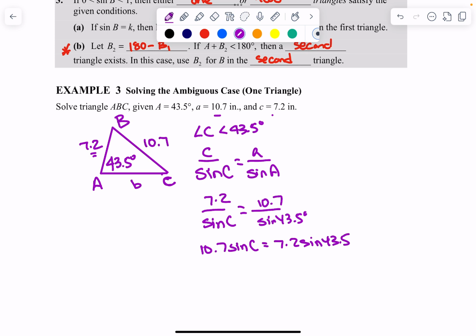I'm going to go to my calculator, and I'm just going to use my TI at this point: 7.2 times the sine of 43.5, and I'm going to divide that by 10.7. And I get that the sine of C is approximately 0.4632.